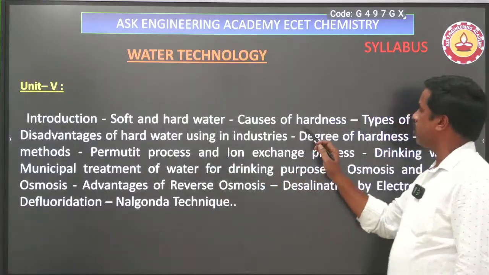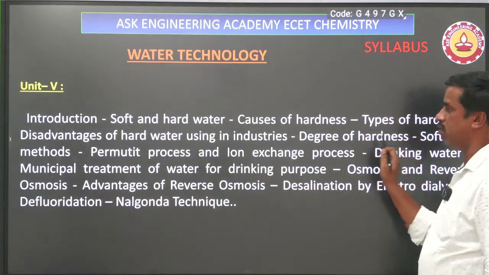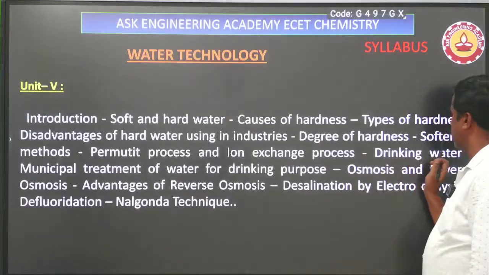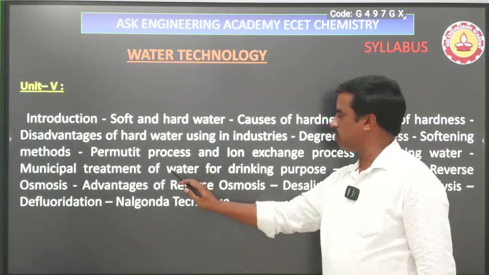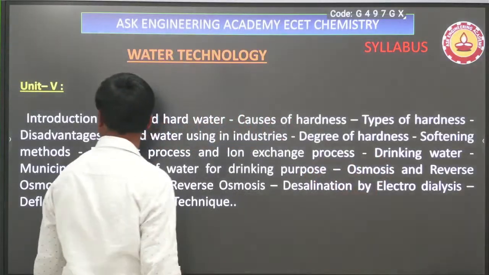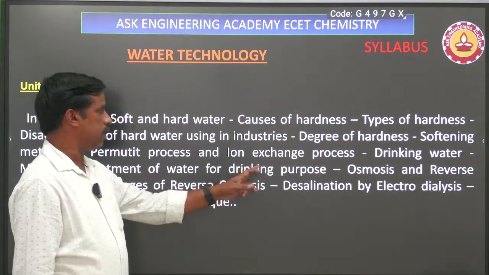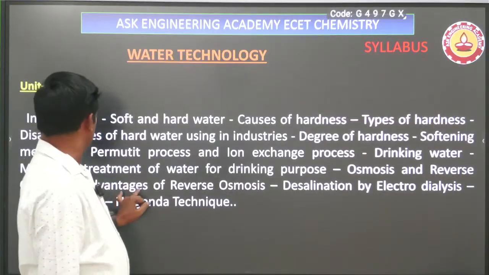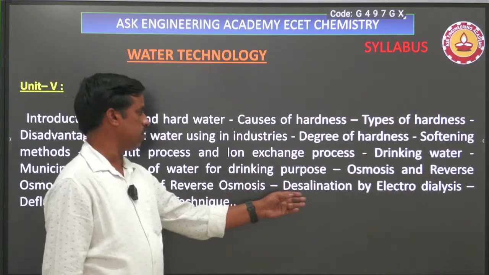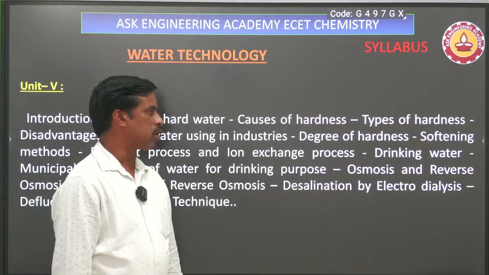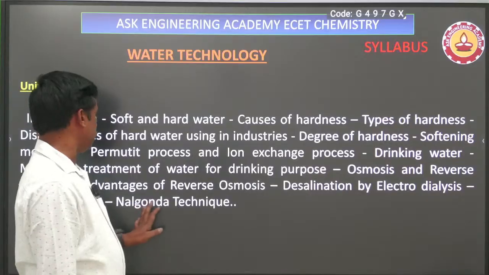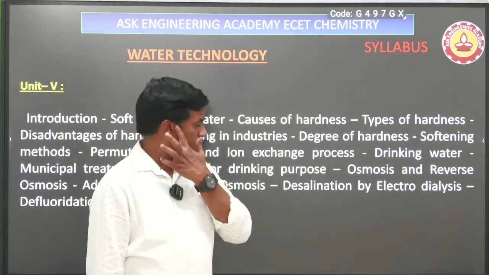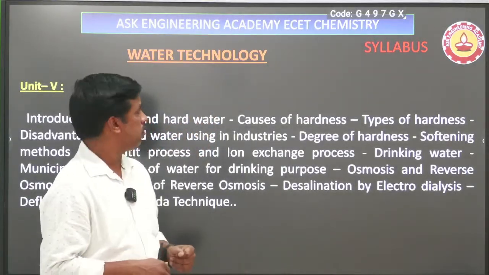Introduction, soft and hard water, causes of hardness, types of hardness, disadvantages of hard water in industries, degree of hardness, softening methods, permutit process and ion exchange process, drinking water, municipal treatment of water, osmosis and reverse osmosis, reverse osmosis advantages, desalination by electrodialysis, defluoridation and Nalgonda technique, etc. In this I am going to discuss one by one.